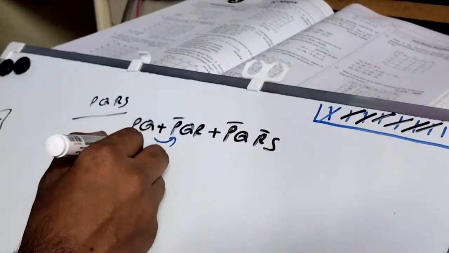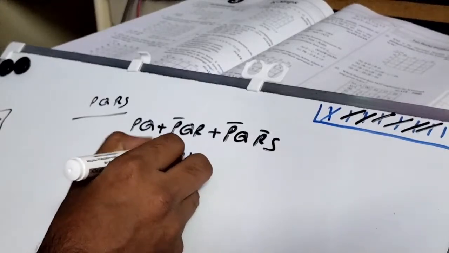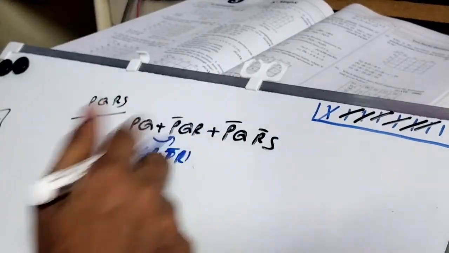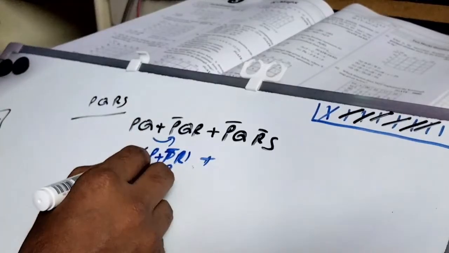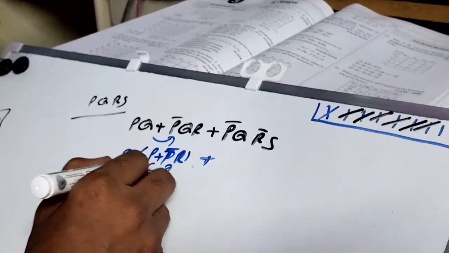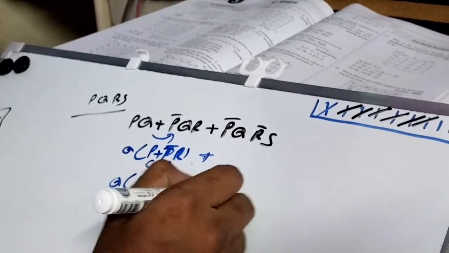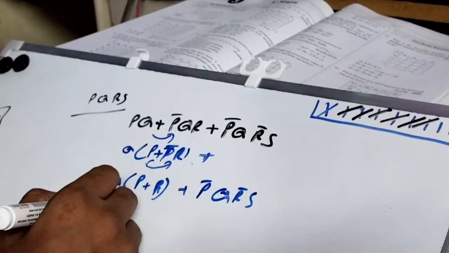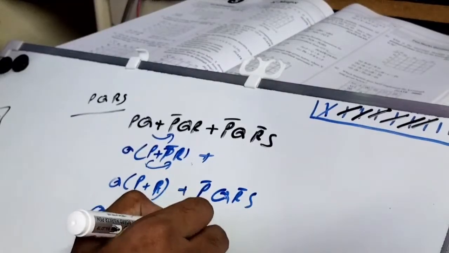If we take P common, P plus P bar R becomes one, P plus R. That is Q into P plus R. Okay, plus P bar Q R bar S. If we consider Q as common, it becomes Q times P plus R plus P bar R bar S.